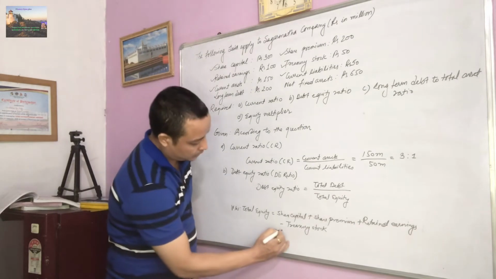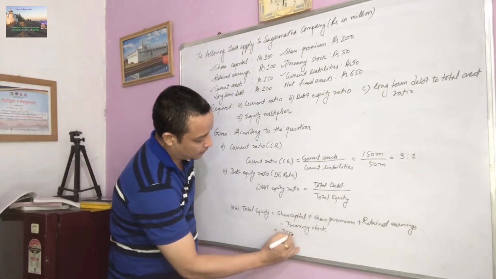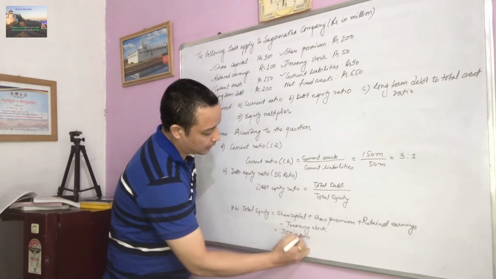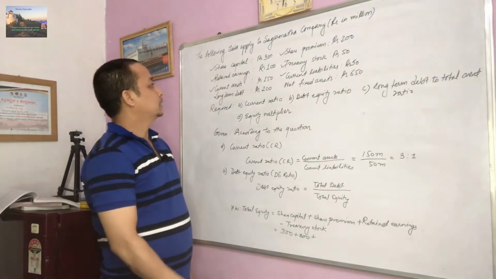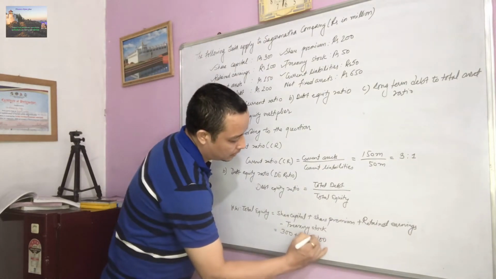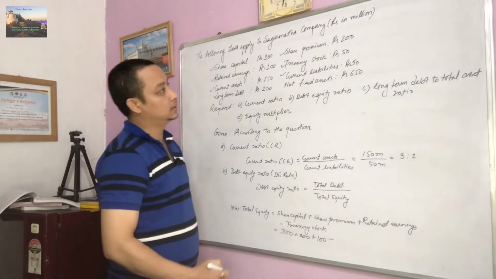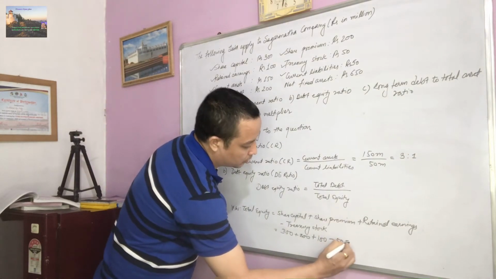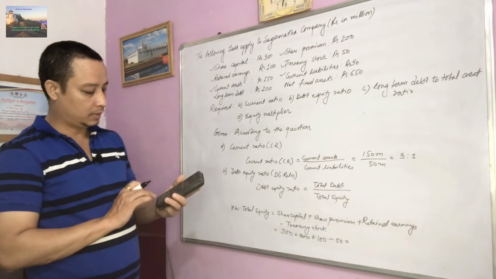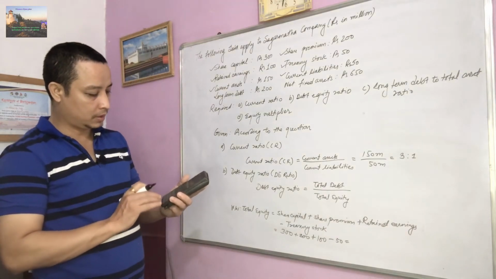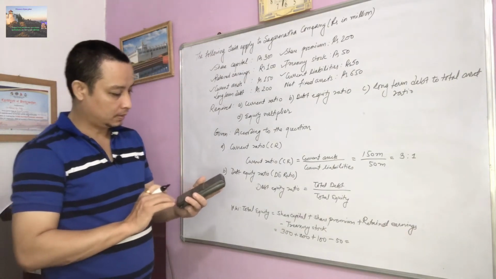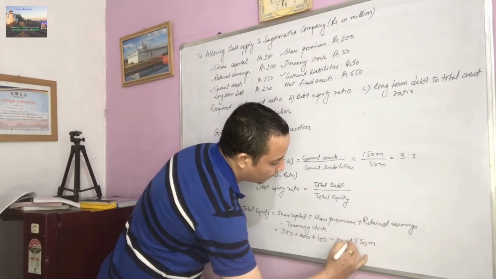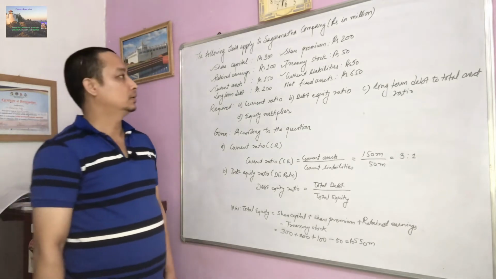Share capital 300 plus share premium 200 million, these are all million, plus retained earning 100 million minus treasury stock 50 million. So now you can get the value, 300 million plus 200 million plus 100 million minus 50, 550 million. Okay, this is total equity.